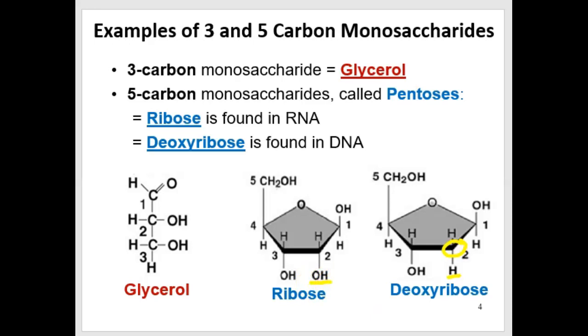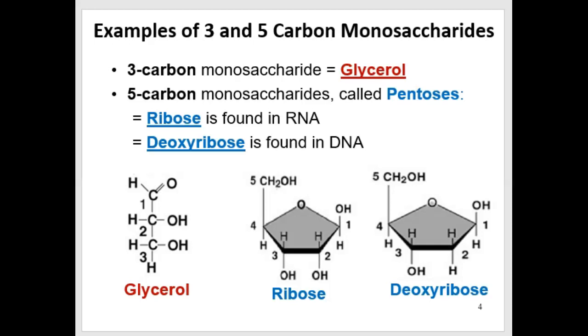So now for functions. Glycerol has several functions, but what you will see later in the course is that glycerol is kind of an intermediary at one step in a chemical pathway that the cell uses to make ATP.